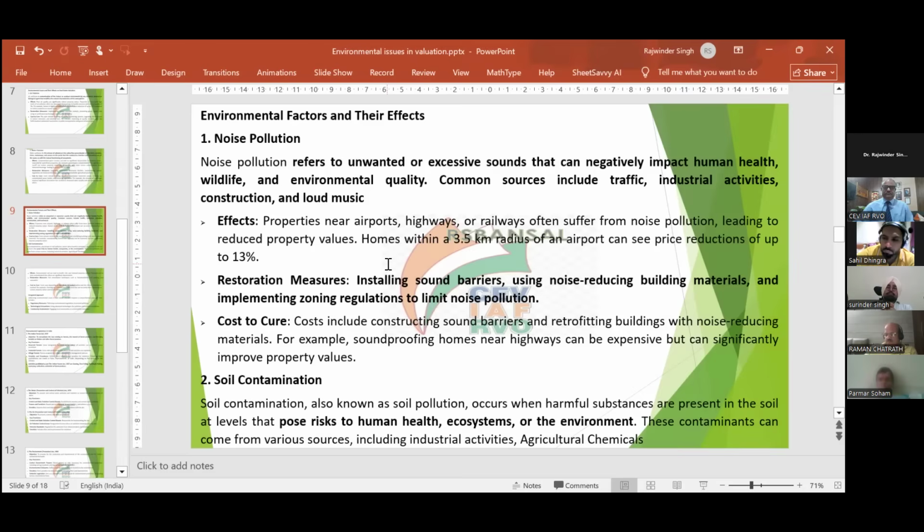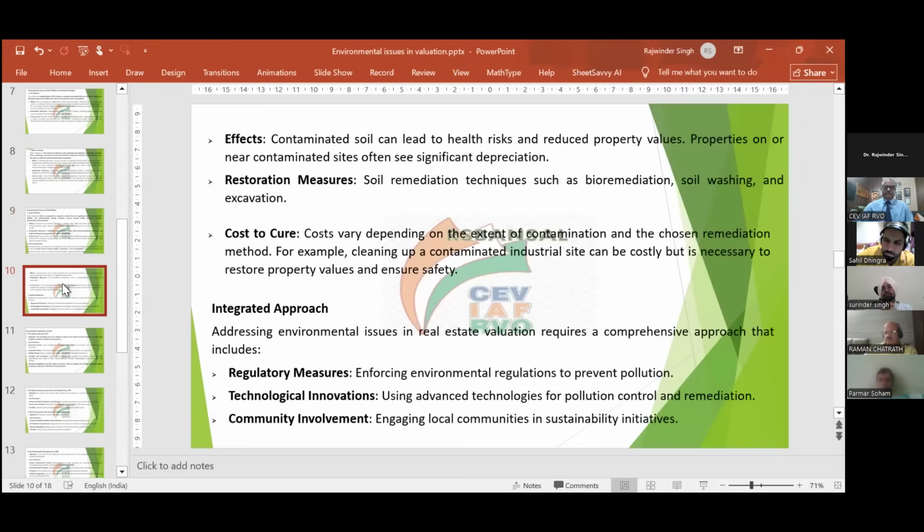Means when the harmful substances are in such a quantity that they may risk human health, ecosystem, or environment, etc. For example, industrial activities, agricultural chemicals, etc. may cause soil contamination. And of course, this contaminated soil will lead to health risks, which will eventually reduce the property values.